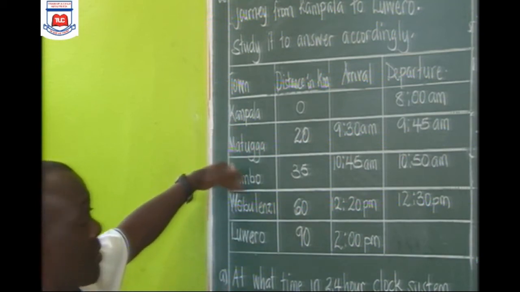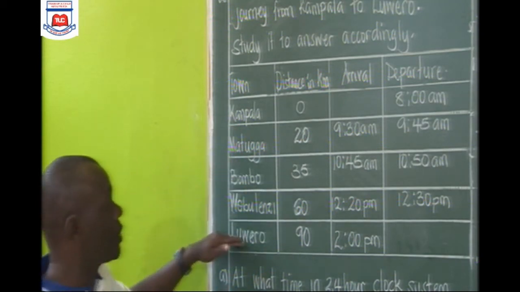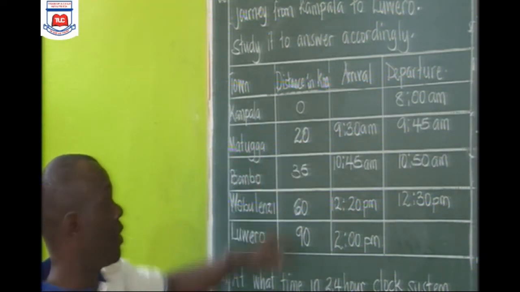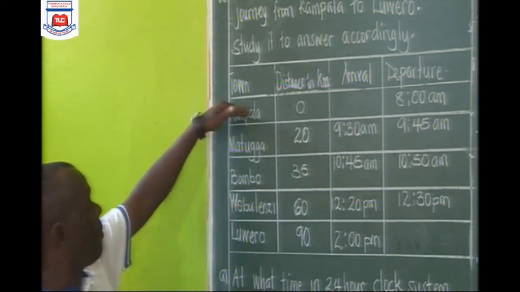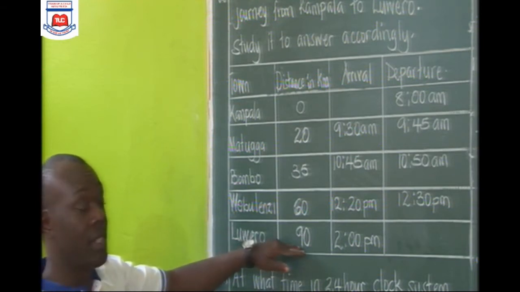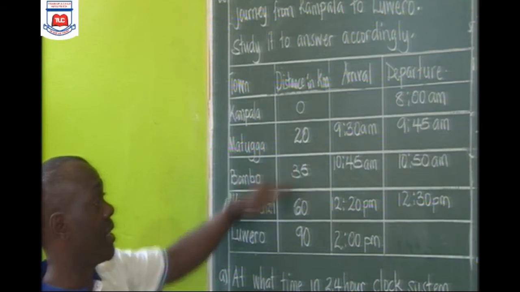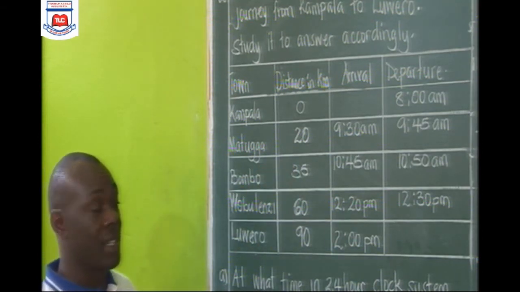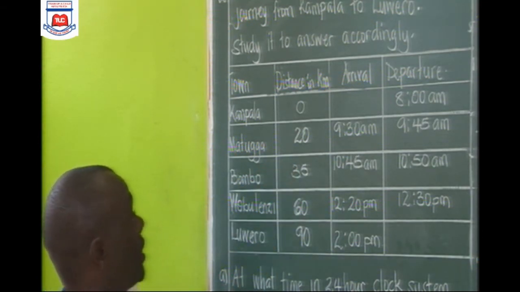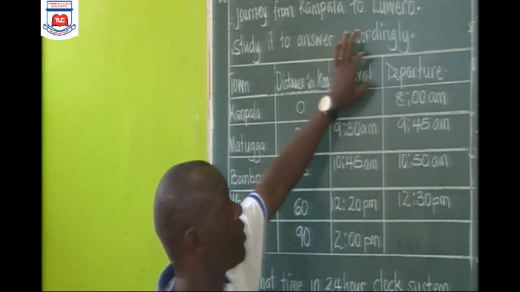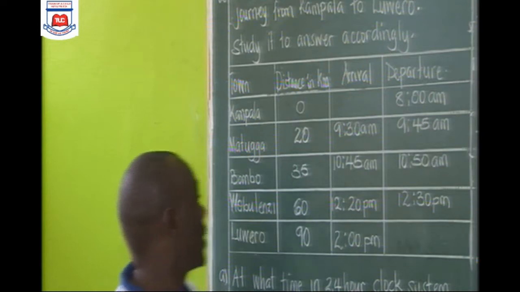Likewise, one can be asked to find the distance from Bombo to Luweero. Since from Kampala to Bombo is 35 kilometers, and from Kampala to Luweero is 90 kilometers, then the distance between Bombo and Luweero is 90 kilometers minus 35 kilometers. We subtract accurately.